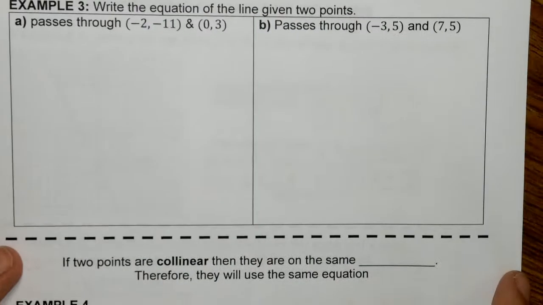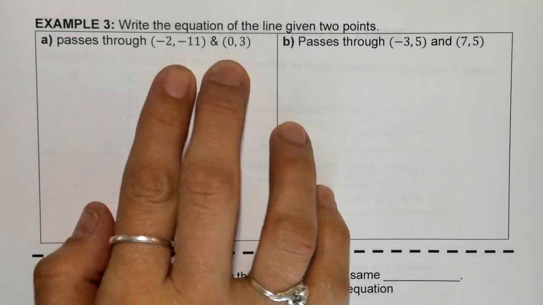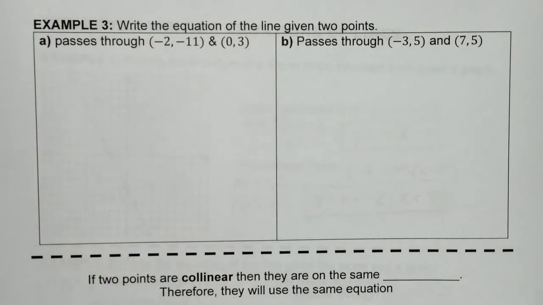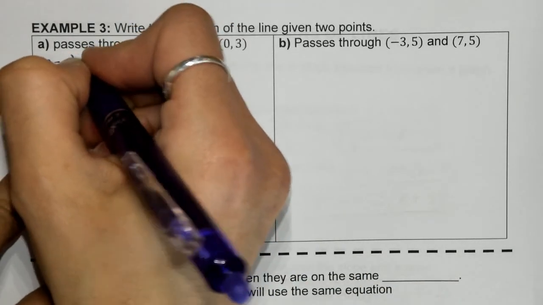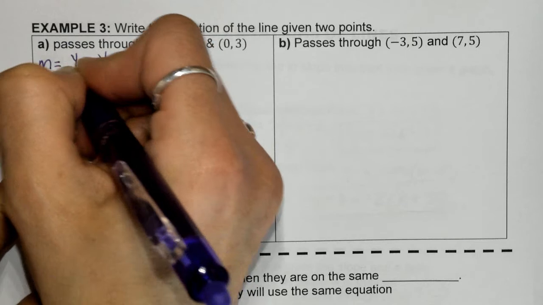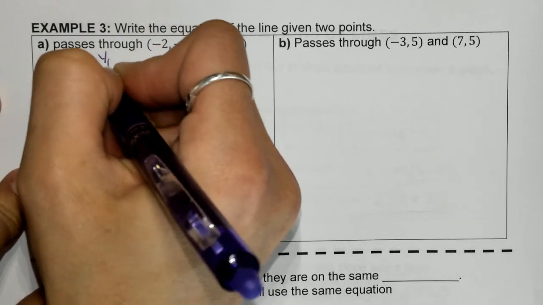We have 2 more examples to look at. We're given 2 points, and we need to find the line that passes through these 2 points. So right now we have to figure out what our slope is, remembering that our slope is the formula y2 minus y1 over x2 minus x1.